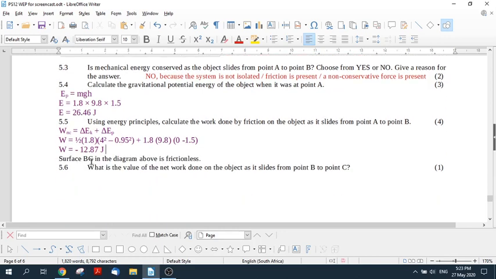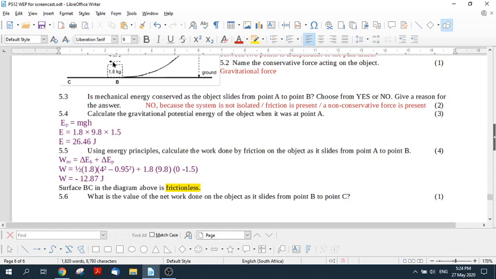Then it says, surface BC in the diagram above is frictionless. So if there's no friction, there can be no non-conservative force here. Then it says, what is the value of the net work done on the object as it slides from point B to point C? Now, if the surface is frictionless, there are no other forces acting on this to change its velocity.